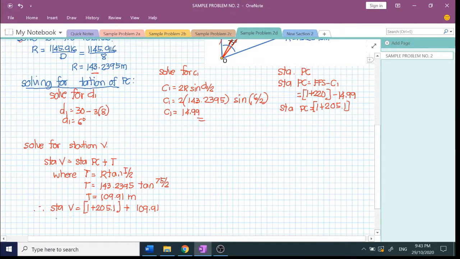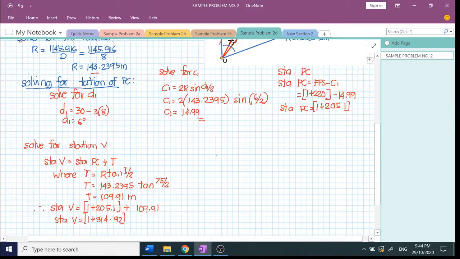So our station of the vertex will be 1 plus 314.92. That would be our stationing of the vertex.